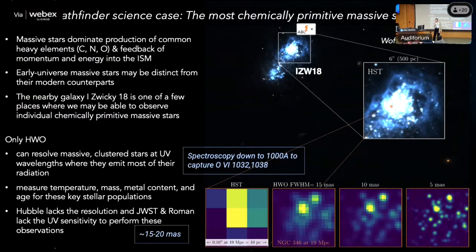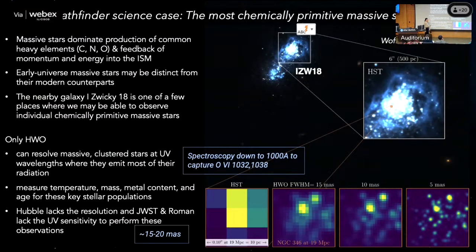We do not have UV spectroscopy of individual massive stars at 1/50th solar metallicity yet. We don't have the models for those that are based on really robust observations.